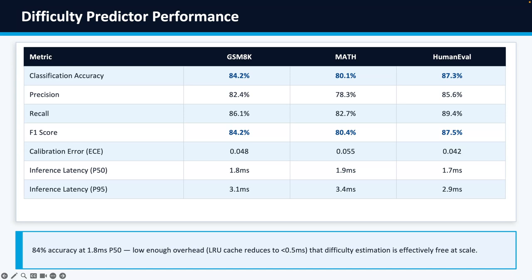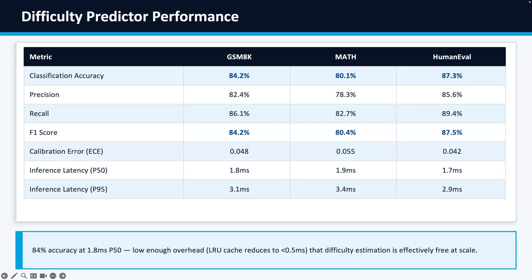Precision and recall are well balanced, and F1 score closely tracks accuracy, indicating the predictor isn't simply biased towards one class. The calibration error ECE is a key metric here. At 0.048 on GSM8K, the predictor's confidence scores are closely aligned with actual outcomes. Because we use confidence thresholds to route requests, a poorly calibrated predictor would either over-allocate expensive compute to easy queries or under-allocate on hard ones.